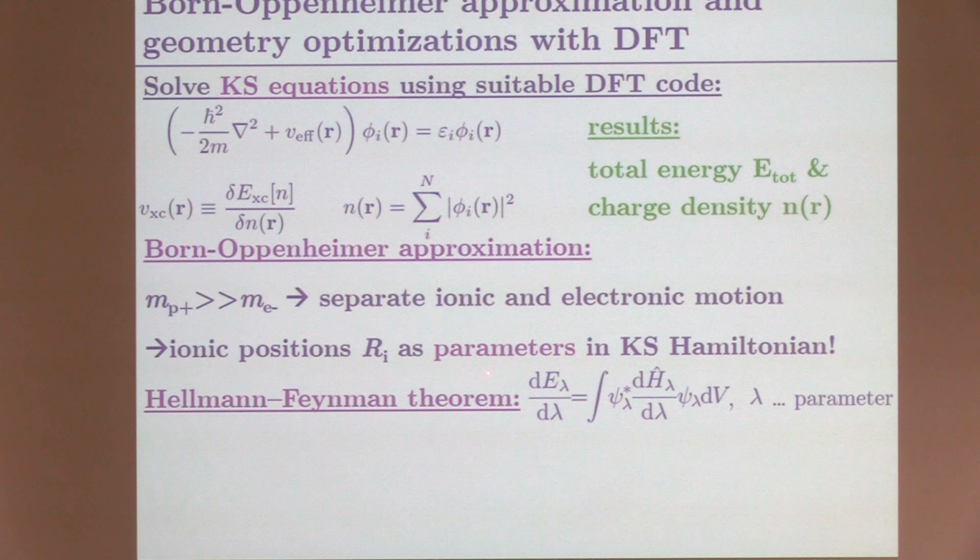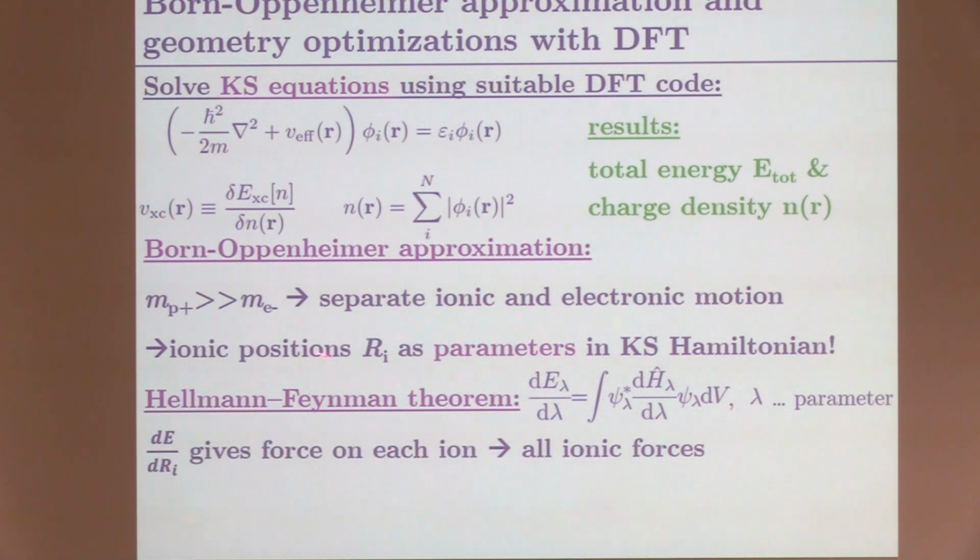It's an exact theorem that tells me when I would like to calculate the derivative of the total energy with respect to a parameter, I can use this equation, which is fairly simple to implement and to calculate. And since my ionic positions enter as parameter, the derivatives of the energy with respect to the positions give me the forces on each ion in my system.